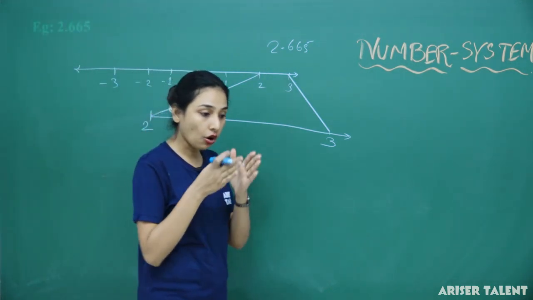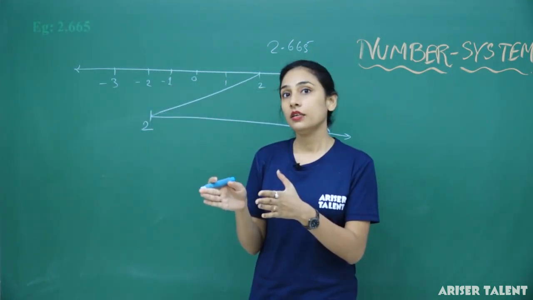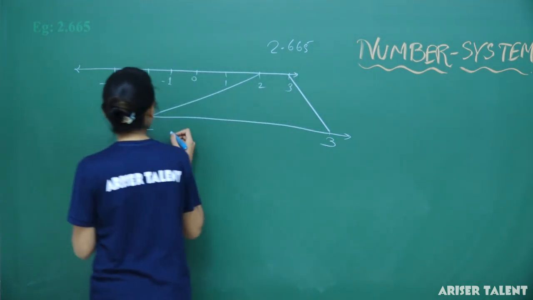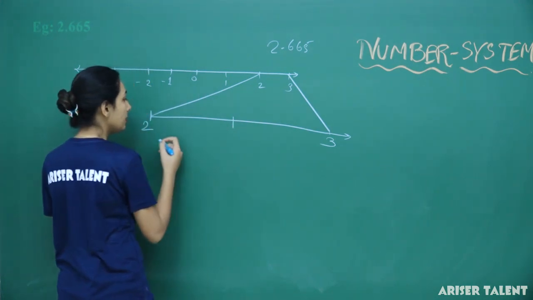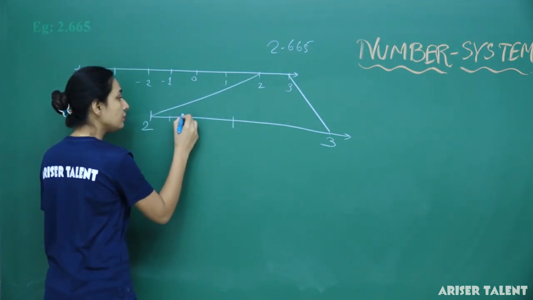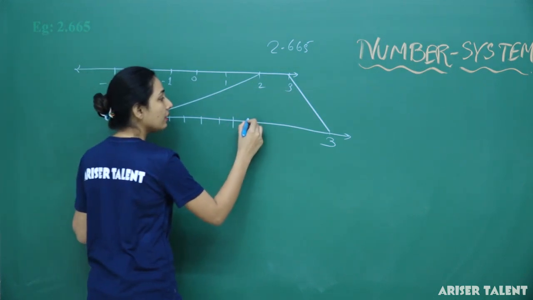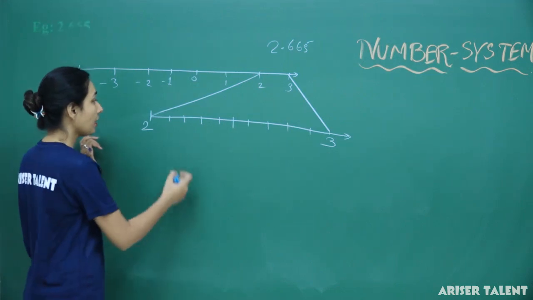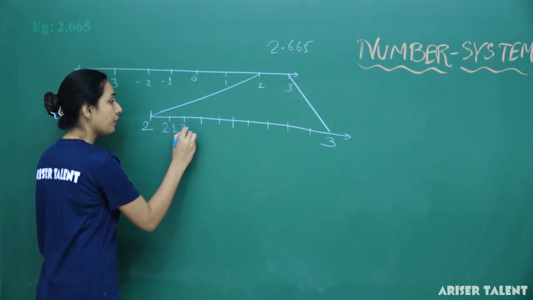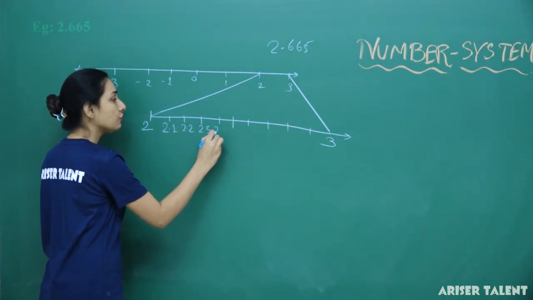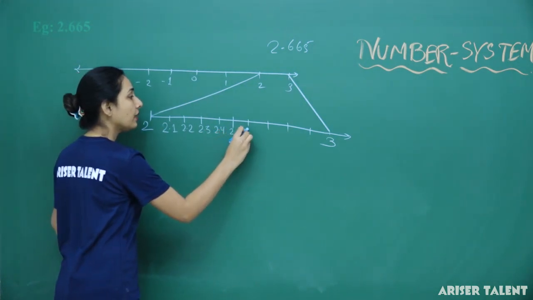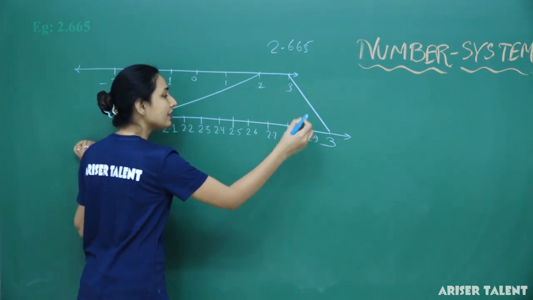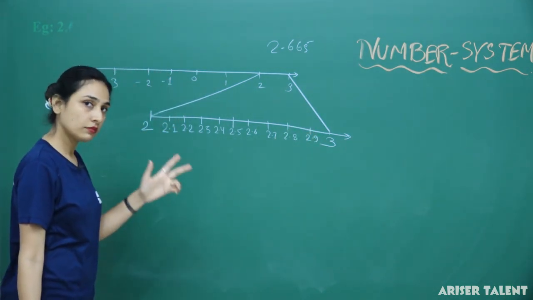I will always have these 10 divisions of this line. So I will have the mid here, then 1, 2, 3, 4 and 5, 1, 2, 3, 4 and 5. Now how will it become? 2.1, 2.2, 2.3, 2.4, 2.5, 2.6, 2.7, 2.8, 2.9 and 3.0, that means 3.